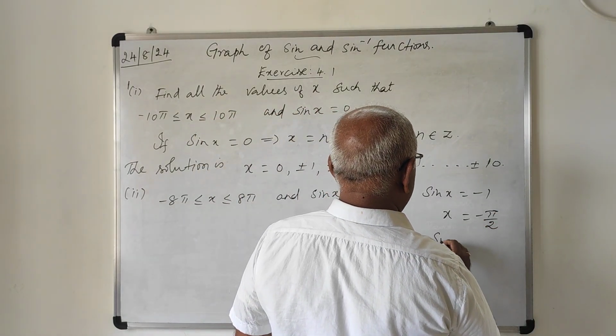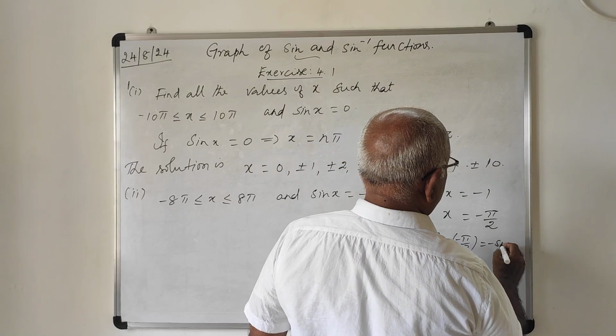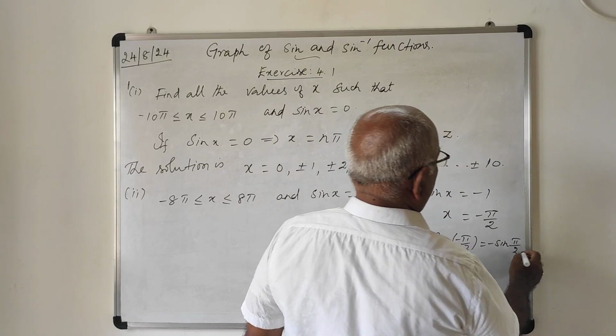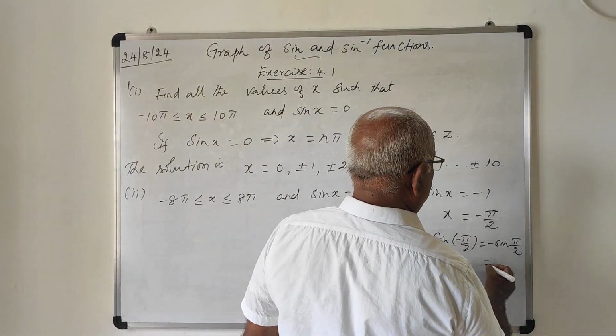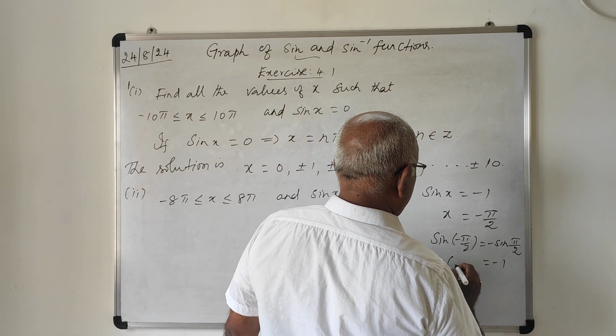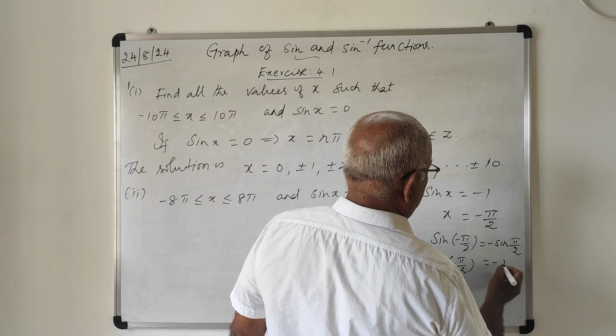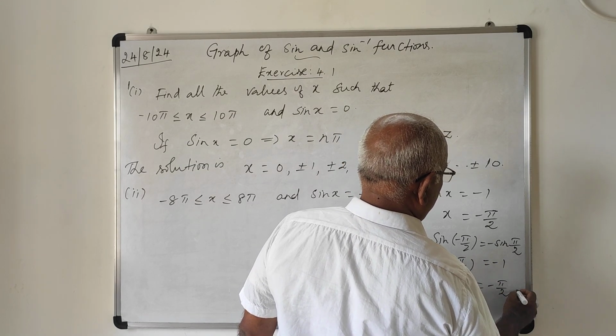Therefore, sin of minus pi by 2 equals minus sin pi by 2, and sin pi by 2 is 1. Therefore, sin of minus pi by 2 is minus 1, therefore x equal to minus pi by 2.